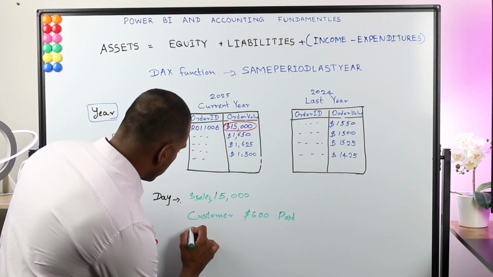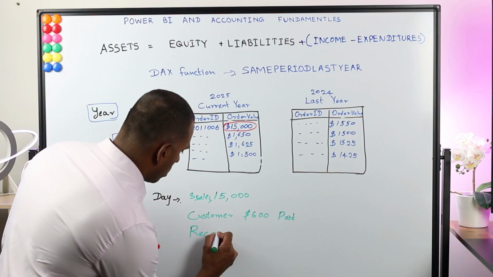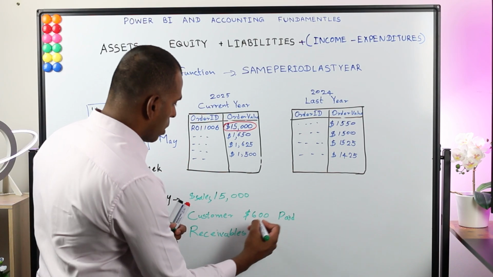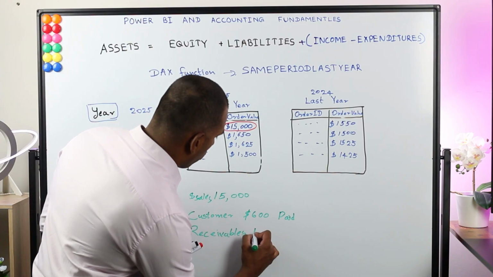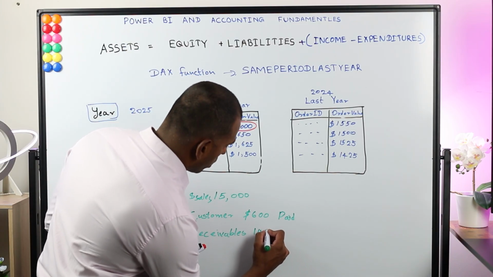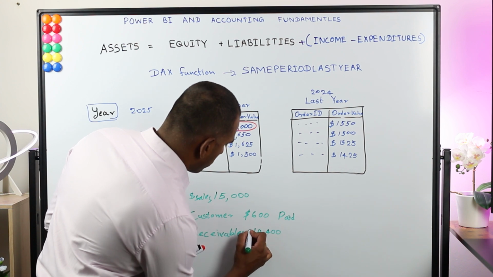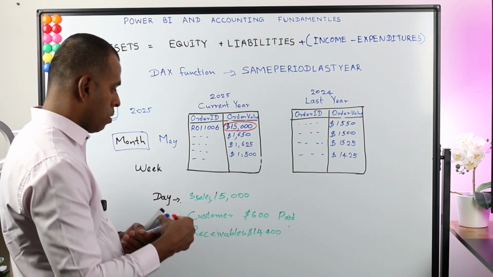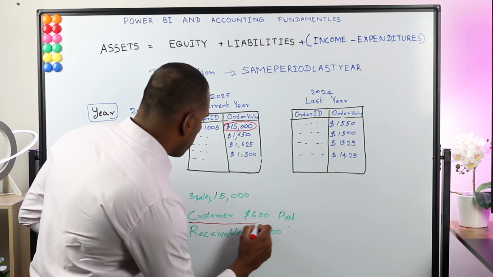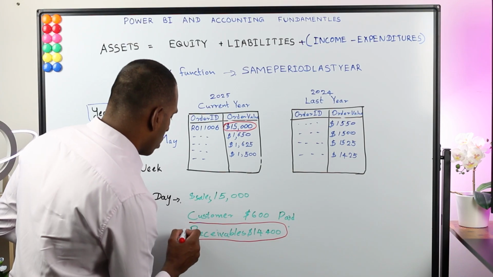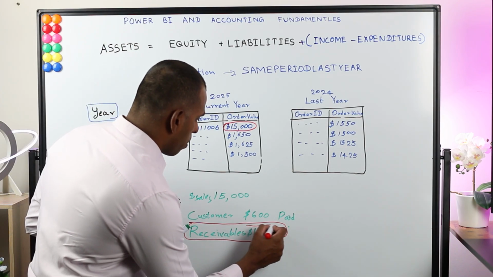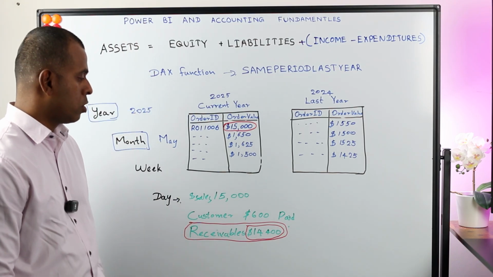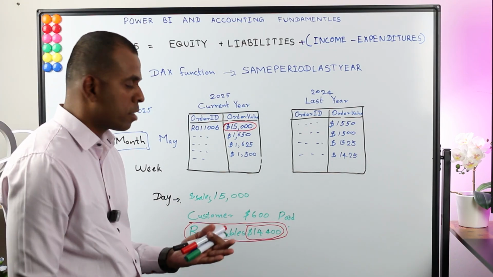Then the receivables show like 14,000 and 1,400 receivable, right? So you know about the company policy. According to the company policy, the company doesn't go for this much credit sales. So now you feel something has happened here.